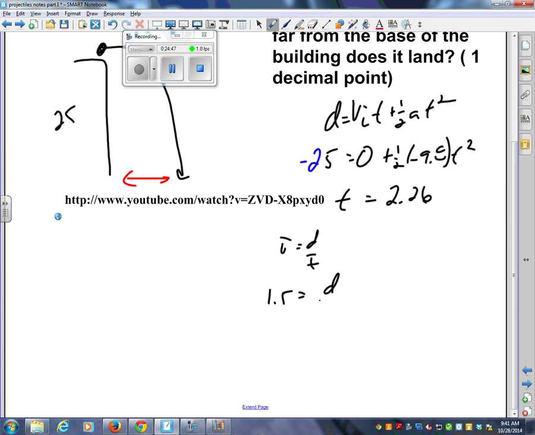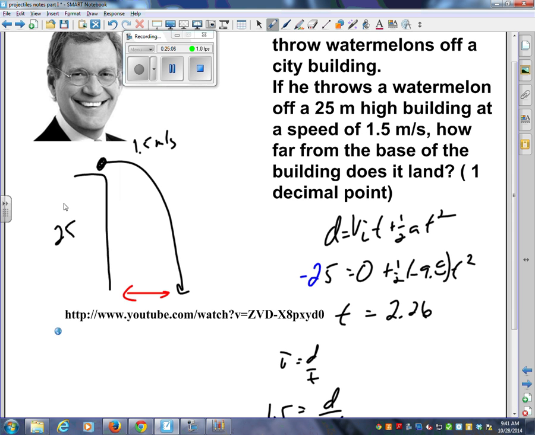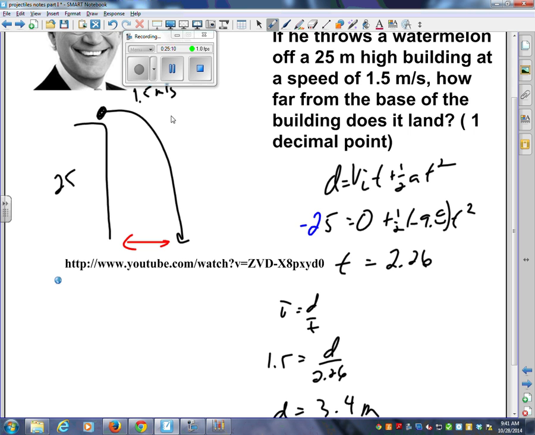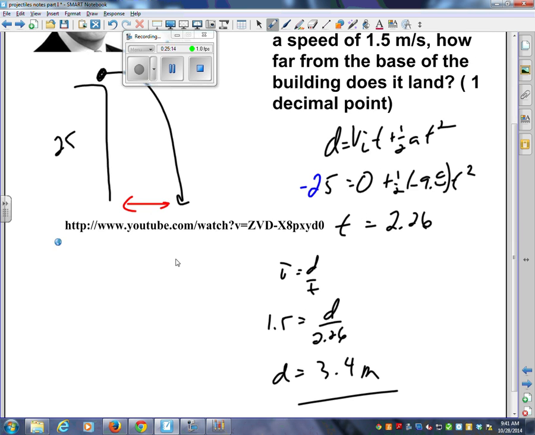D over 2.26. 3.4 meters. Did you guys solve this wrong or something? Oh, yeah. That's distance, right? How many marks would that be worth on a test? Just 2. It's pretty straightforward.